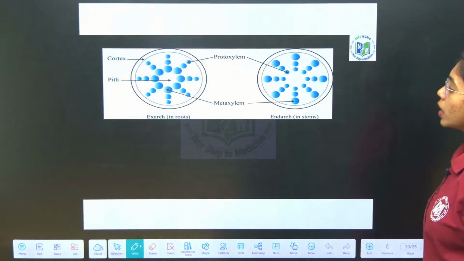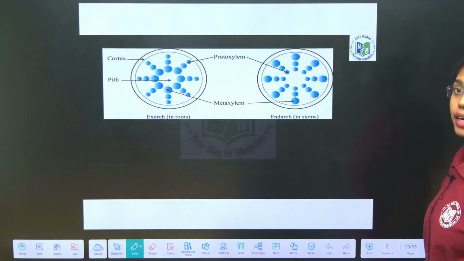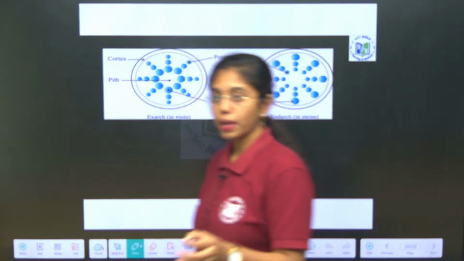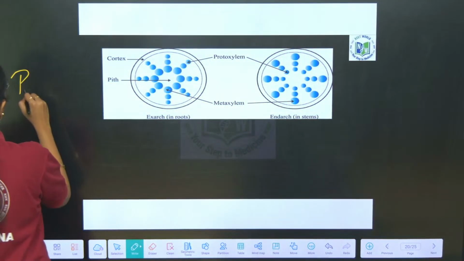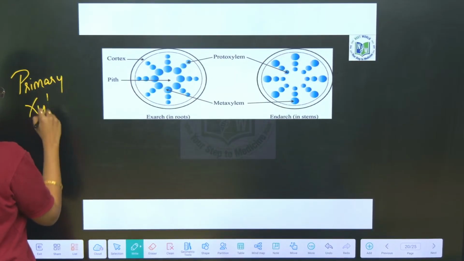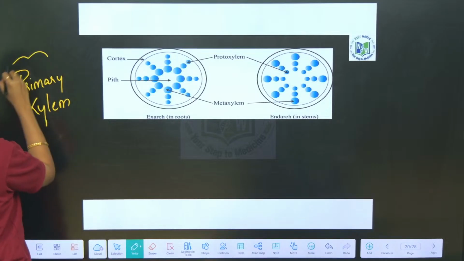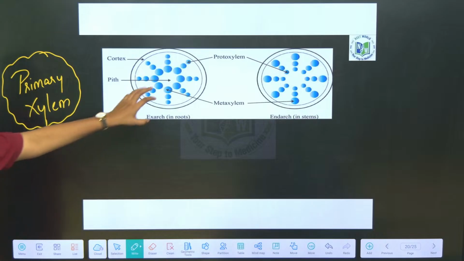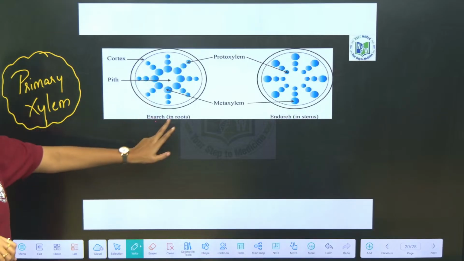Next, the exarch and endarch condition of xylem. The first formed xylem in the plant tissues is primary xylem. How this primary xylem forms and grows inside a plant decides the exarch or endarch condition.